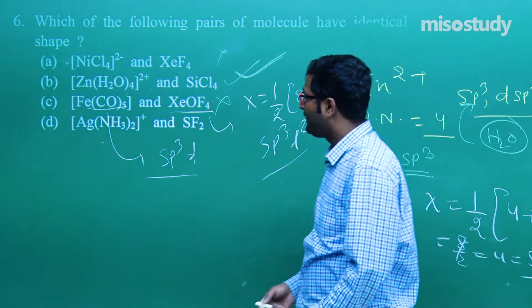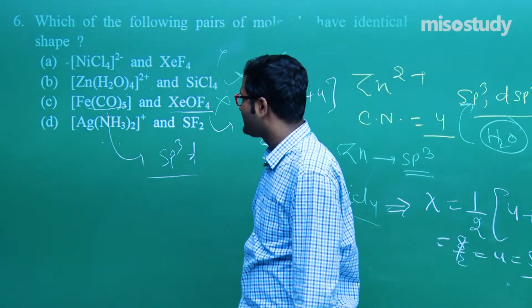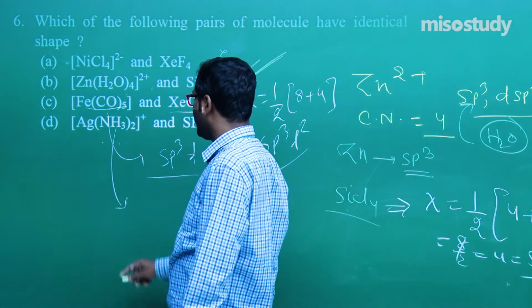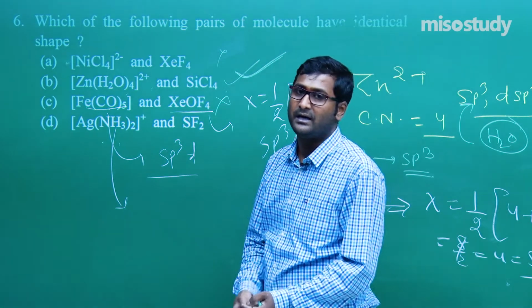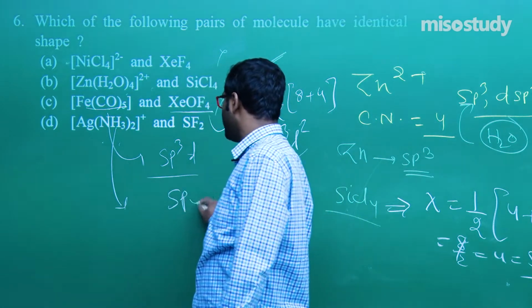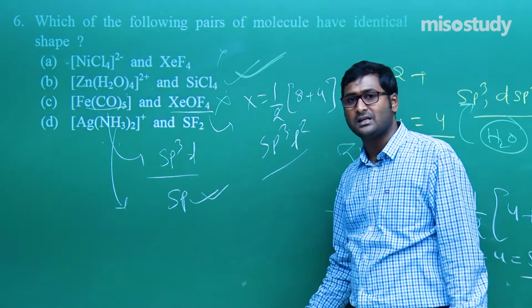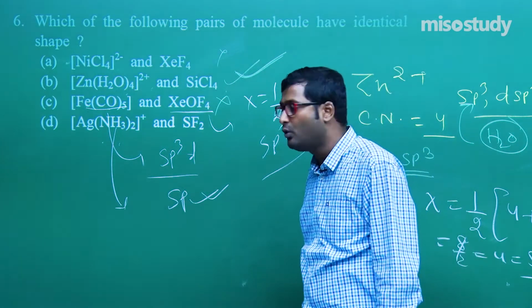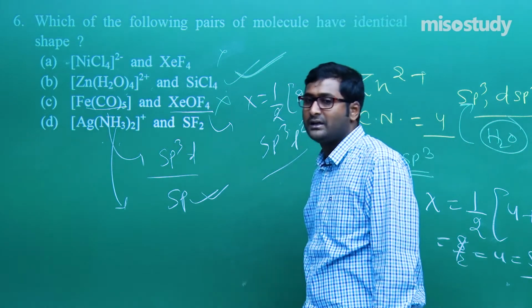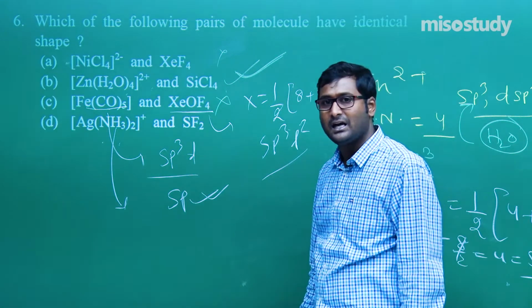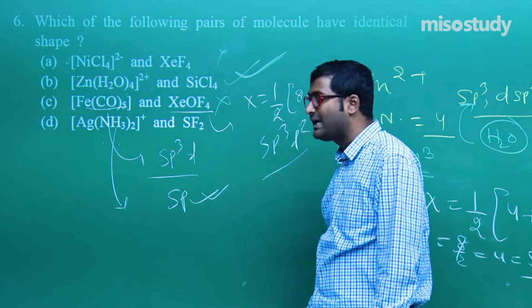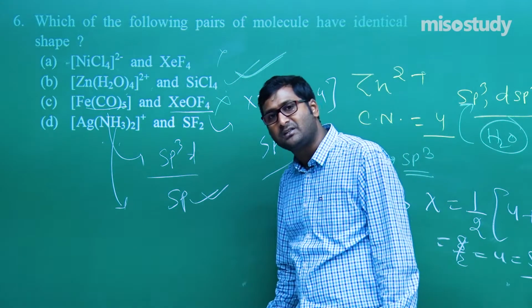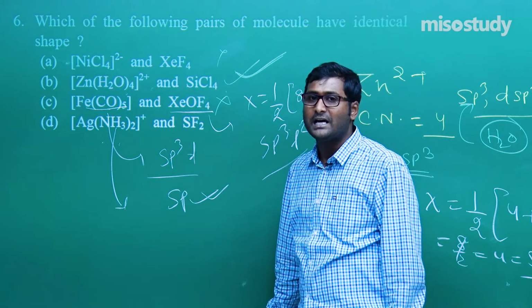Clear to you? If I talk about Ag(NH3)2, here the coordination number is 2. If the coordination number is 2, then the hybridization is sp. If the coordination number is 3, then the hybridization will be sp2. If the coordination number is 4, then the hybridization will be either sp3 or dsp2. If the coordination number is 5, then the hybridization will be sp3d or dsp3.